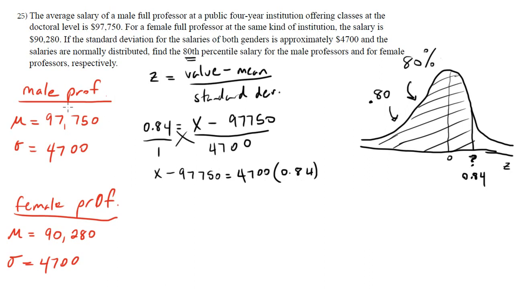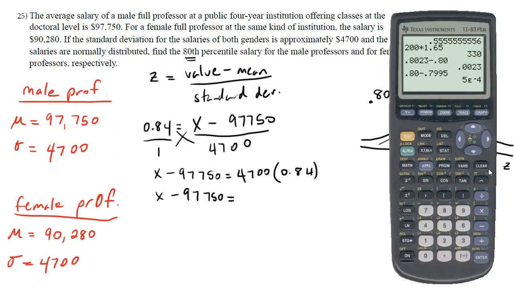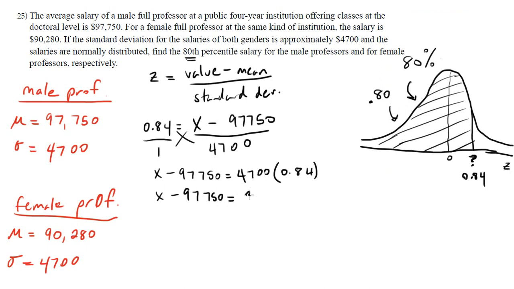When I solve this, this is going to give me the 80th percentile salary for male professors. And then I have to do it again for female professors. So I'll use my calculator here. 4,700 times 0.84. That's 3,948. And to solve for x, I'm going to add 97,750.